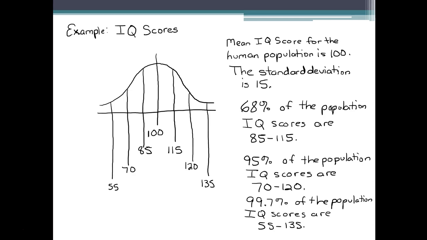So 0.3% are outside of that. 0.15% is below 55, so that's your unfortunate souls who have significant brain retardation or something going on there. And then 0.15% over there above 135. So now you're starting to get into genius territory. And that's rare, because 99.7% falls from 55 to 135.